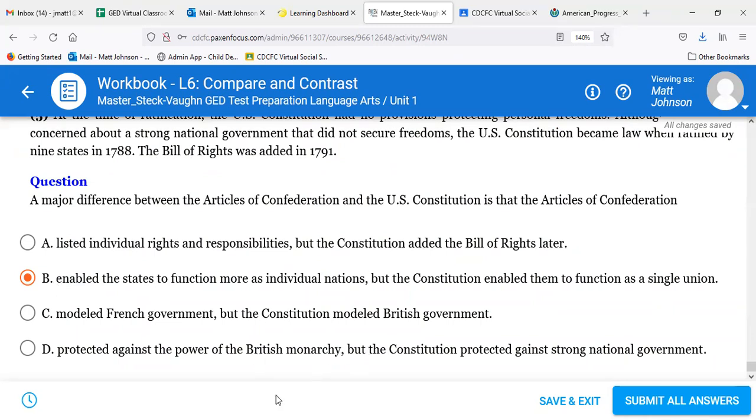So real quickly here, I'll run down our answers. 1, B as in boy. 2, A. 3, B as in boy. 4, D as in dog. 5 is A. 6, B as in boy. 7, our Venn diagram: good fats on the left-hand side are nuts, trout, sunflower seeds.